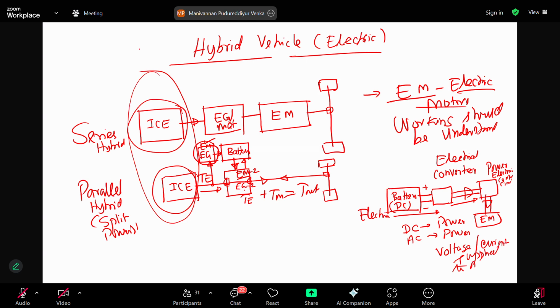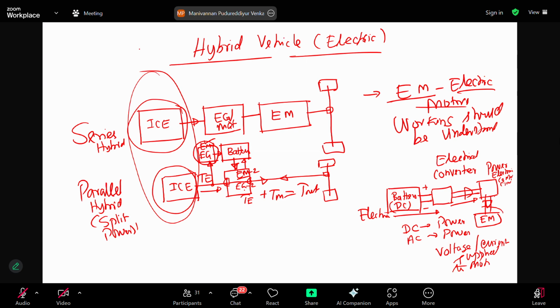But we know that when we talk about motors, a motor needs a specific amount of voltage and current to generate a specific amount of torque and speed, which is nothing but mechanical power, shaft power.